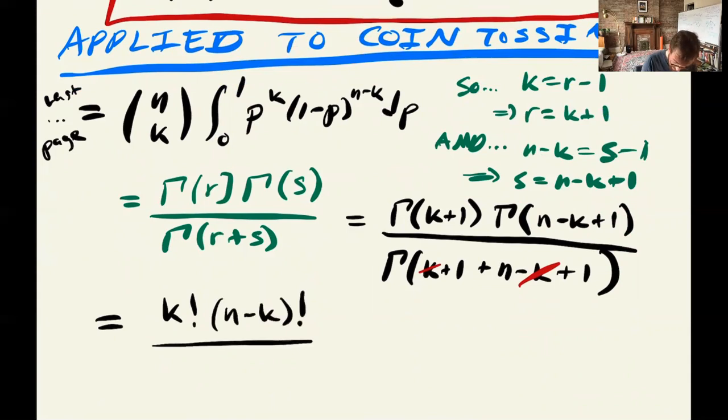And then we're going to divide by, all right, what do we got here? Looks like n plus 2 factorial, which is going to give us n plus 1 factorial. And of course, I need to remember that I've got this guy right here that has to come along for the ride.